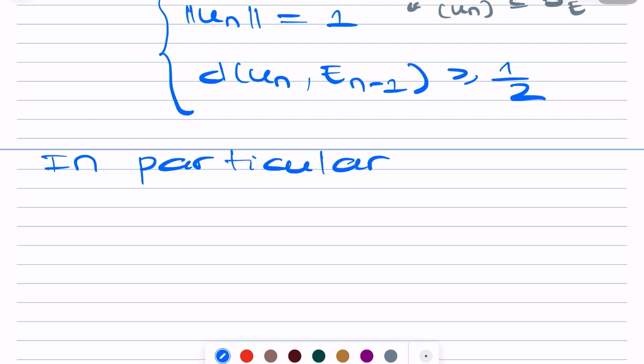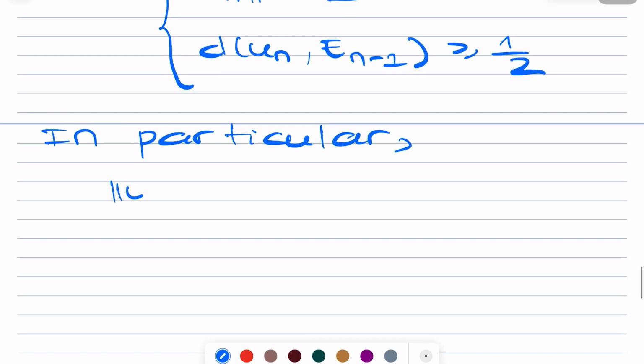So in particular, you have that the norm of un minus um is greater or equal than 1/2, provided that m is strictly less than n.